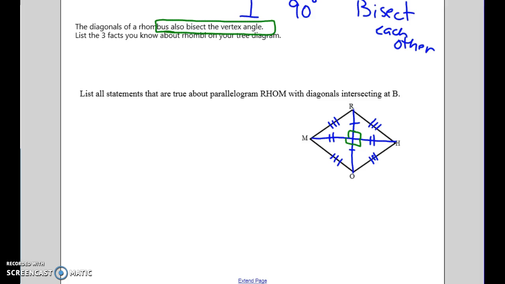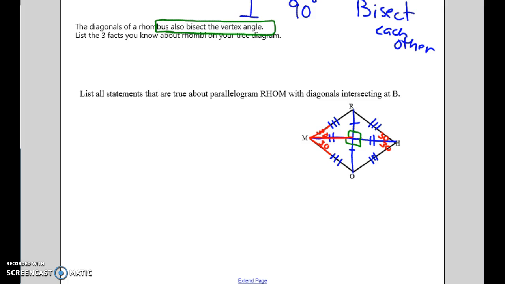What that means is that if I told you that this was 30 degrees, don't we have alternate interior angles? But what it also means is that this one right here is also 30 degrees. That this blue line right here cuts this angle into 2 equal parts, only on a rhombus.